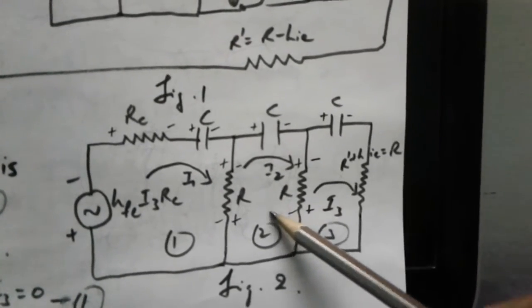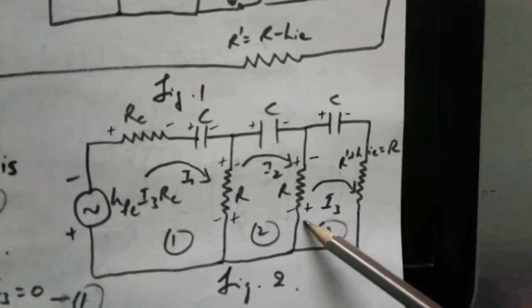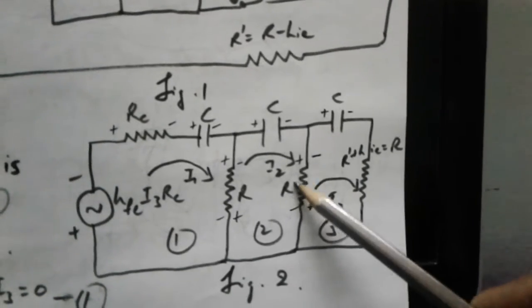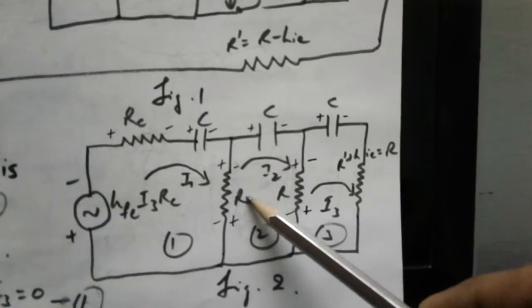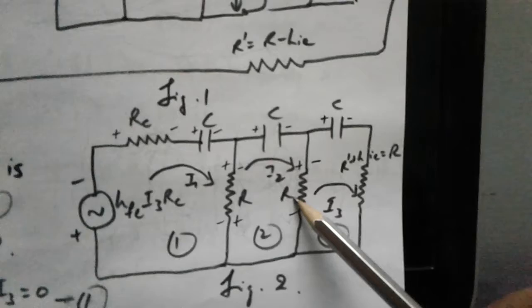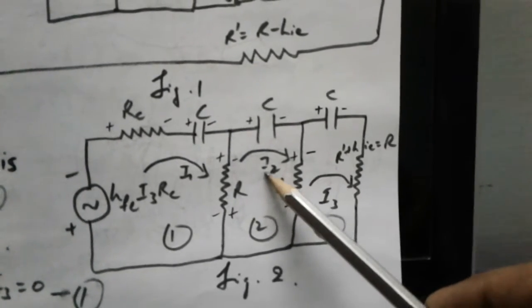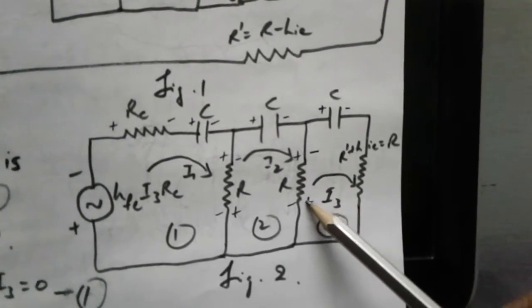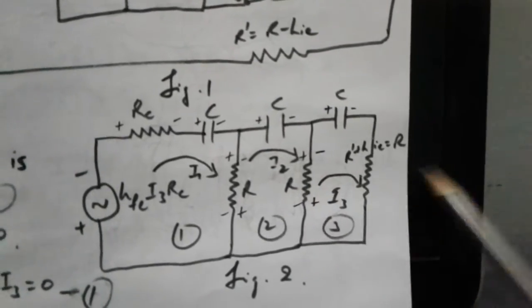But at the same time, another current I3 in the third loop is also moving through this resistance R, so it is moving from negative to positive. So the voltage drops across this left side resistance, capacitor and right side resistance will be positive for I2, and the one term, the current I3 which is moving through this R, will be negative.